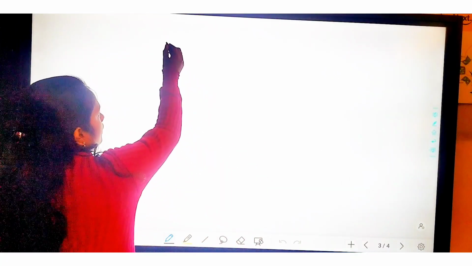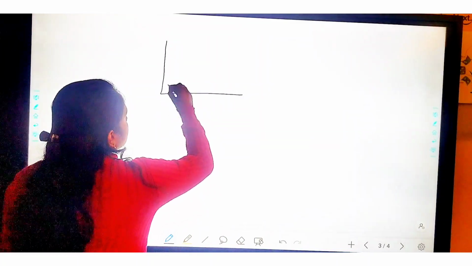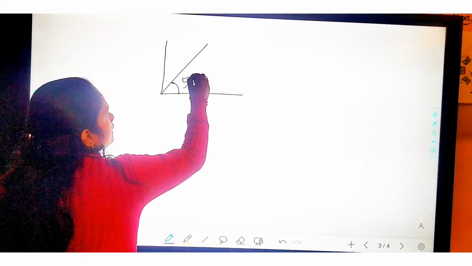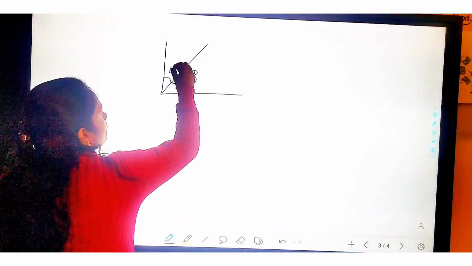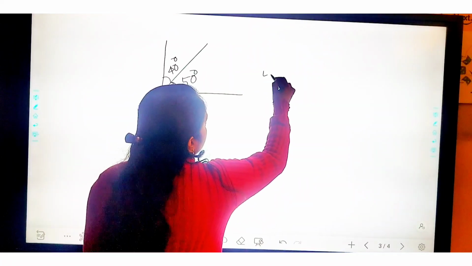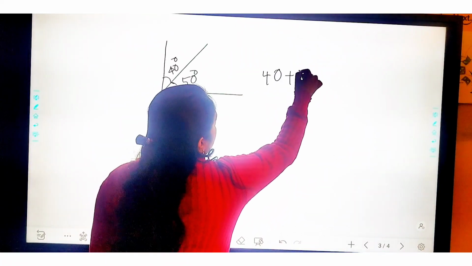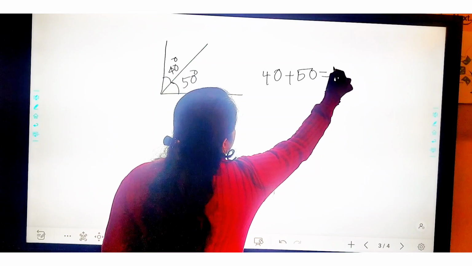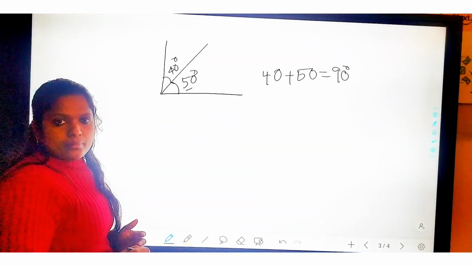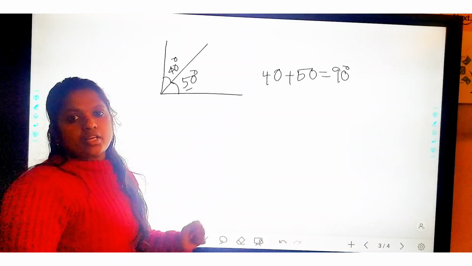So one more example. The first one is 50 degree and the second one is 40 degree. If they are complements of each other, we can take the sum of these two, that will be 90. So we can say that 50 and 40 are complementary angles because the sum of their angles is 90 degree.